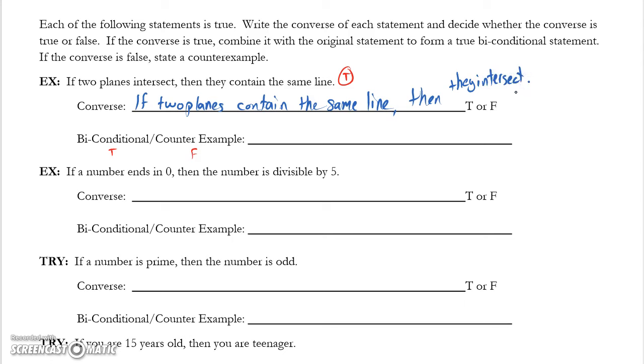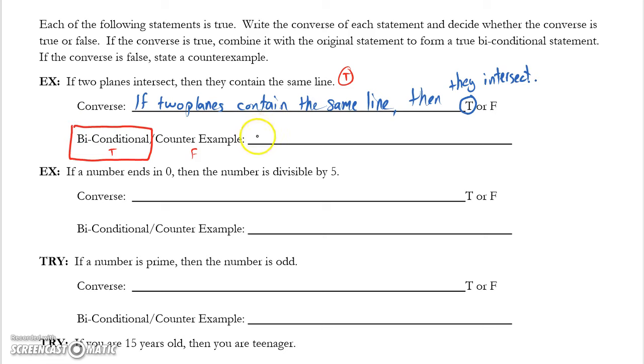We didn't spend a ton of time talking about planes, but two planes, when they intersect, intersect at a line. So that means this statement is also true. There's no way that they could intersect and not form a line. So, since my converse is true, I have a biconditional.